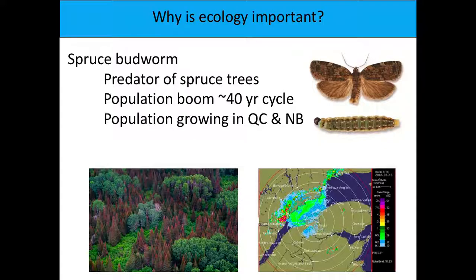And at the moment, there's a population that's booming in southern Quebec, and there's an overspill from that starting to move down into New Brunswick. And there's a huge research project at the moment underway in the province to try and understand, one, what's going on with this booming budworm population, and can we control it, manage it, mitigate it.